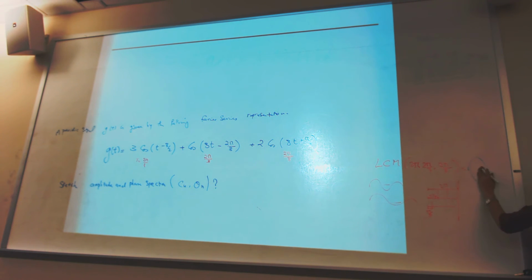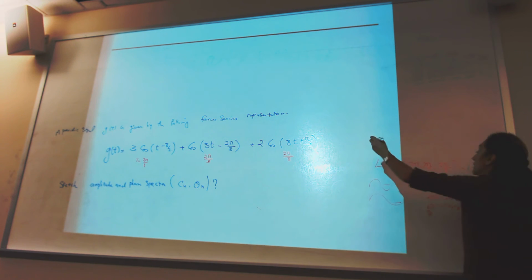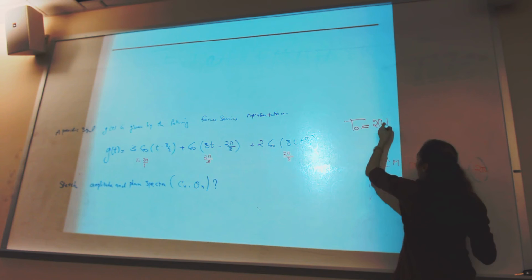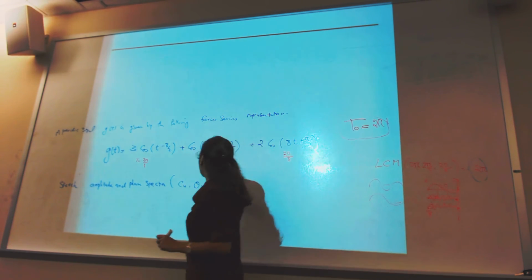So it's 2π. Basically, this signal is repeated every 2π, this one every 2π over 3, so you have 3 periods here, and you have 8 periods here. So the fundamental period T₀ is 2π. That's fine, and these are all the harmonics.